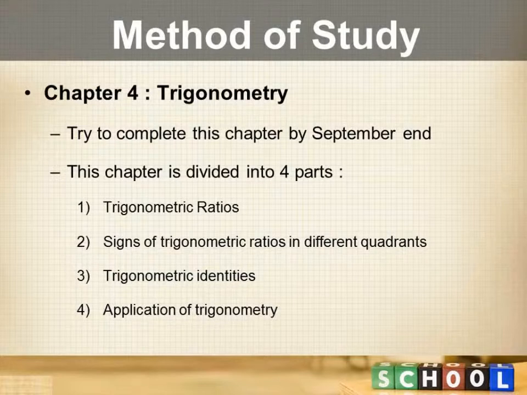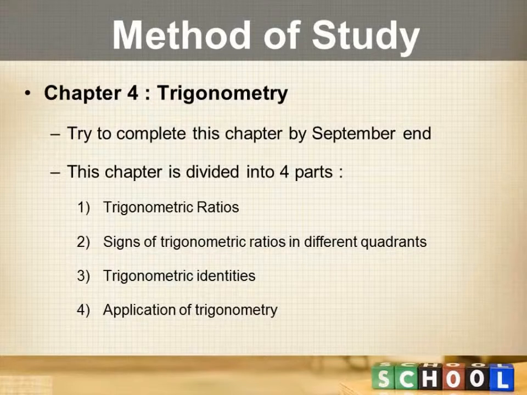Till now, in 9th standard, you had studied the definitions, that is what sine theta is, what cos theta is, but here you're going to talk about sine theta in terms of coordinates x and y, where sine theta is y upon r, and cos theta is the ratio of the coordinate x upon r, where r is nothing but the radius. And then it follows that tan theta is sine theta upon cos theta, which we have already seen in 9th standard, and is nothing but the ratio of y and x.